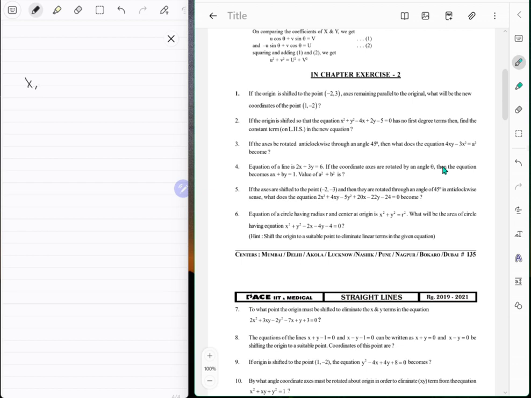So if you had x comma y, which was satisfying this equation, 2x plus 3y equals 6, then now your new point, let's just say x naught comma y naught, if this was your original point that was satisfying this equation, then after you rotate by theta clockwise, this will turn out to be what?